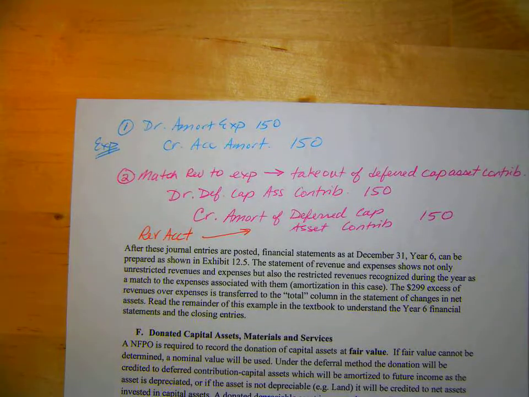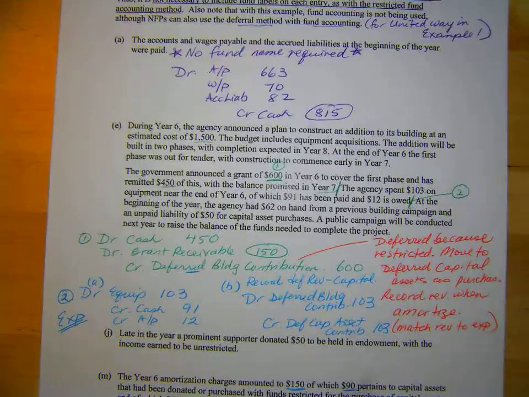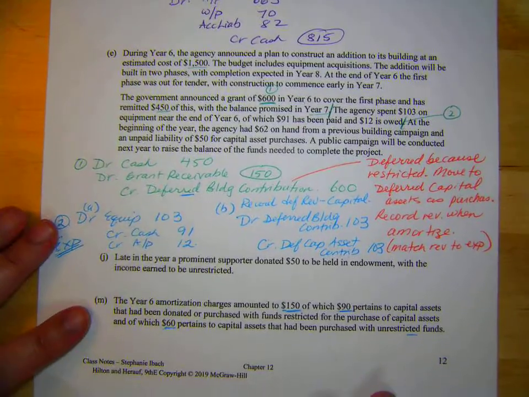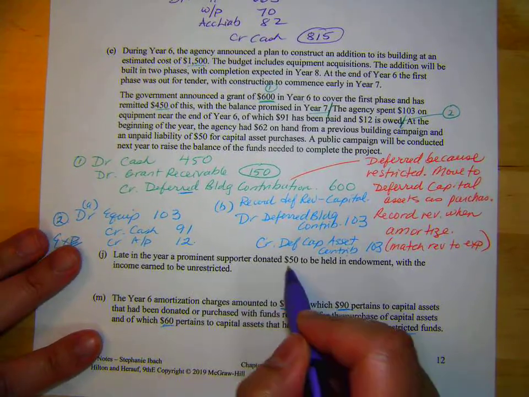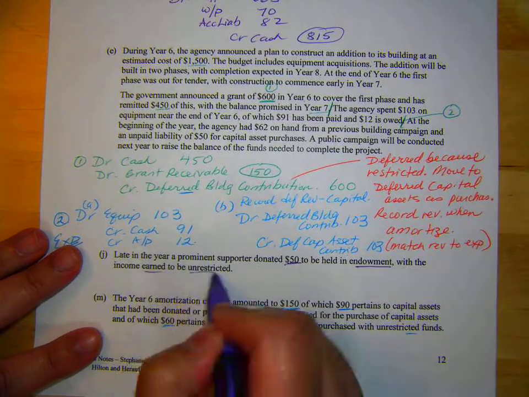Okay, so we've got to go back because I skipped J. Late in the year, a supporter donated $50 to be held in endowment. Income earned is unrestricted.